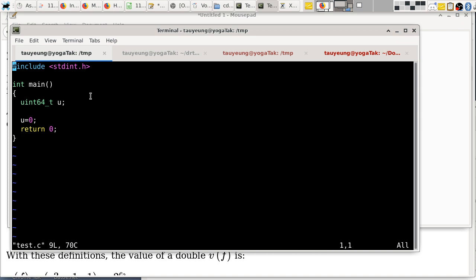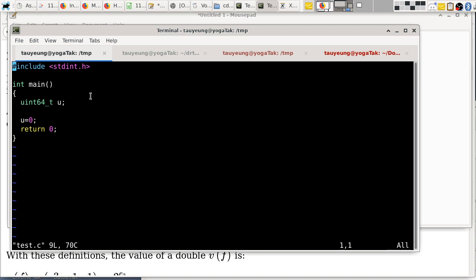Now, if you are using a 64-bit architecture, which I'm using right now, and you just declare unsigned, it probably will give you exactly the same thing. But the point is, I want this program to be cross-platform compatible. In other words, if I cross-compile this program to a smaller architecture, like a 32-bit platform, I still want u to be a 64-bit unsigned integer. If I want to cross-compile this program using the Arduino, I still want a 64-bit integer.